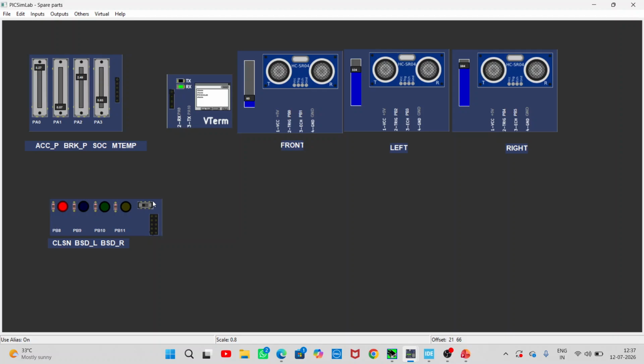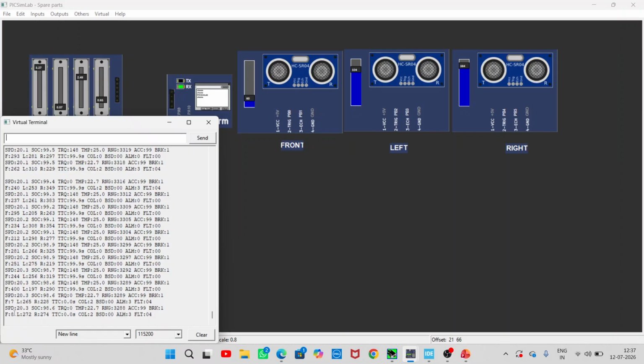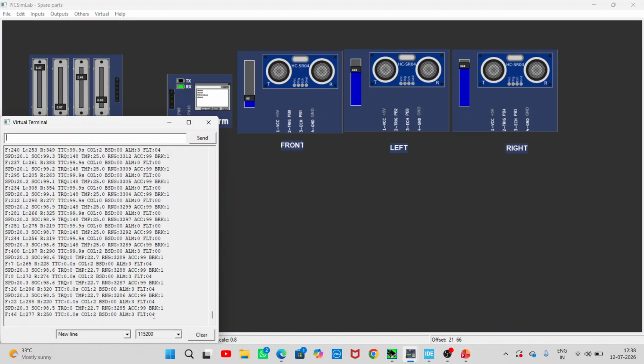Okay, we see the IO virtual terminal. F distance means front distance 8, L is 296, R is 320, TTC 0.0, collision is 2. BSD not detected. Alarm is 3. Critical alarm indicates 3. Fault is 4.